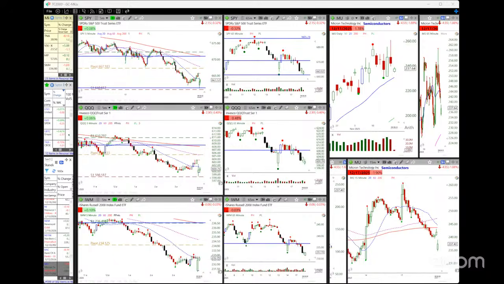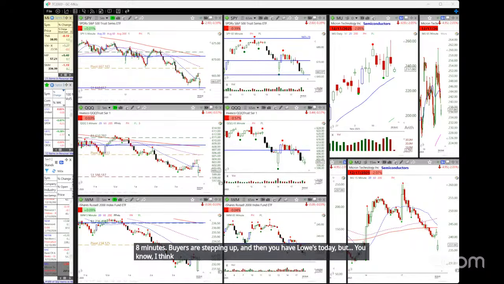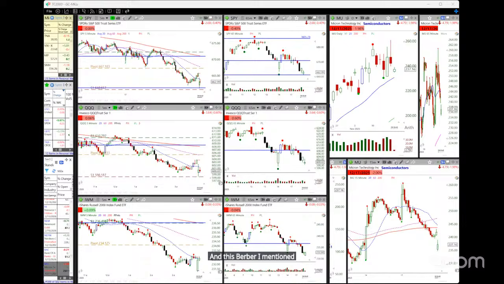All right, Home Depot's bouncing. There's a little small gap in Snapper so far. 8 minutes. The buyers are stepping up, but you got lows today, but I think that looks like a short-term bounce. And this Berber I mentioned, middle chart. Yeah, that does not look right to me.